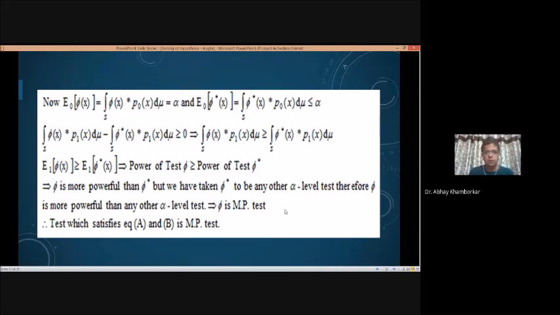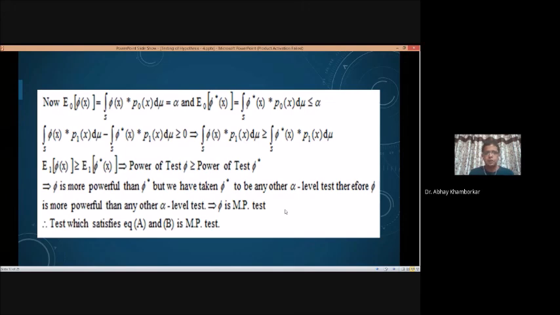And we have assumed that a test phi satisfies condition A and condition B. In other words, we can say that test which satisfies equation A as well as equation B, or condition A and condition B, will be most powerful test. So that is nothing but the necessity sufficiency part of this particular test, right?